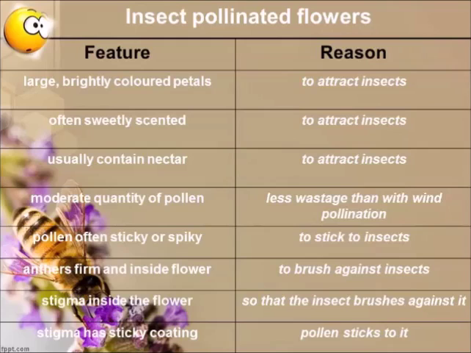Pollen grains are also produced in moderate quantity since it involves less wastage than pollination by wind or water. Pollen grains are often sticky or spiky to stick to insects. Anthers are firm and inside the flowers with the stigma.